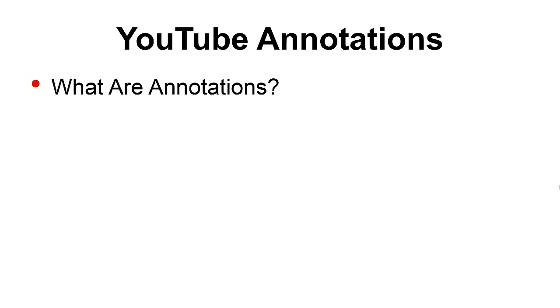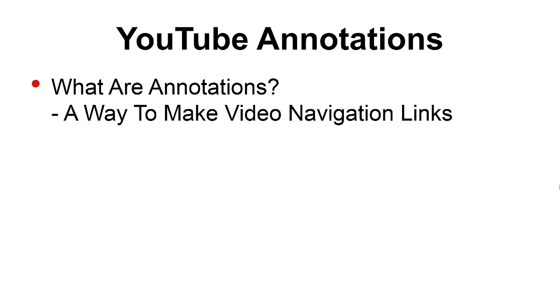What that means is in your video, you can say, click the link right here in the video. It'll take you over to my website, and you can specifically link them from any video annotation over to any page on your website. Now there's some technical aspects, and I'll give you the idea and the direction that you need to go to get these done, but essentially annotations are a way to make video navigation links.